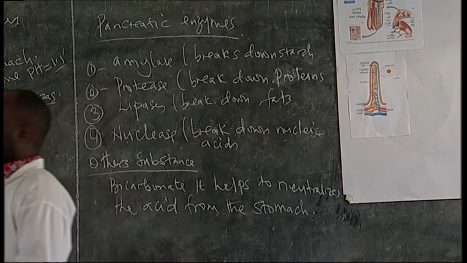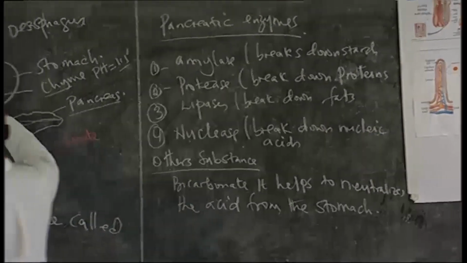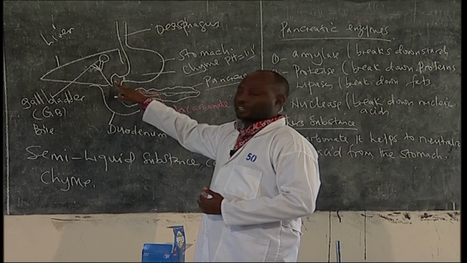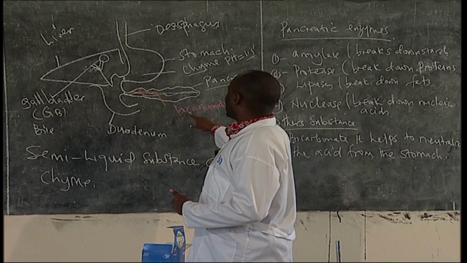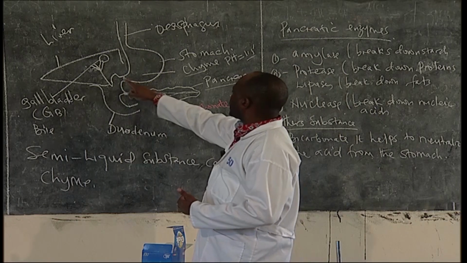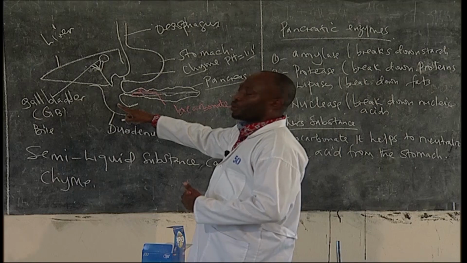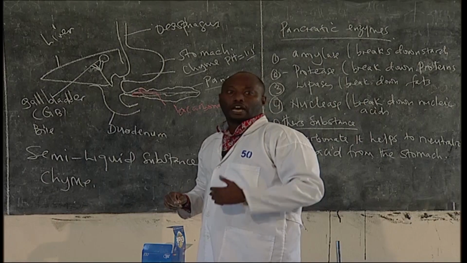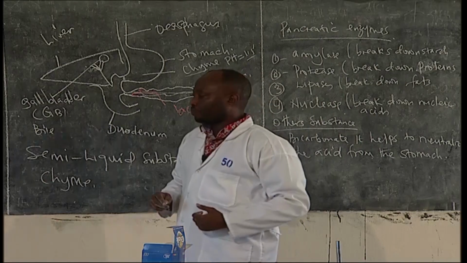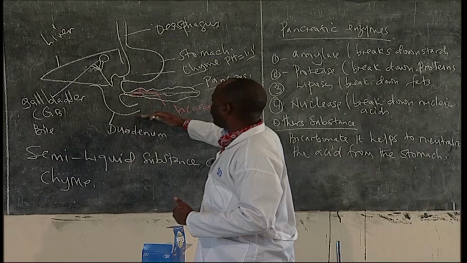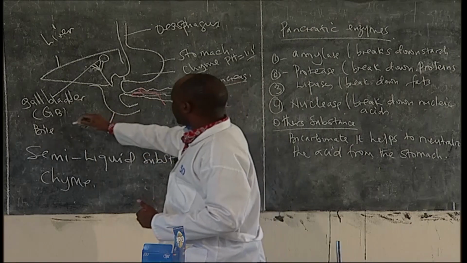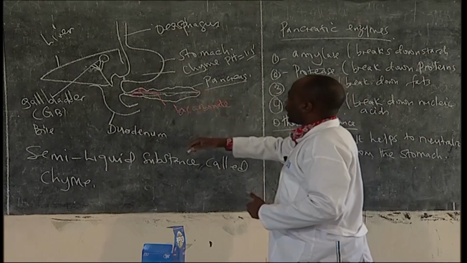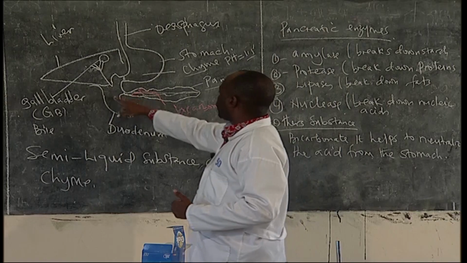So it means that once the chyme is released with a low pH, ranging from 1.5, it has to be neutralized by bicarbonate released by the pancreas, so that when the chyme enters the duodenum, it will not affect the walls of the small intestine, I mean the microvilli, the villi, and so on. So these are some of the enzymes released by the pancreas that facilitate the breakdown of food in the duodenum.